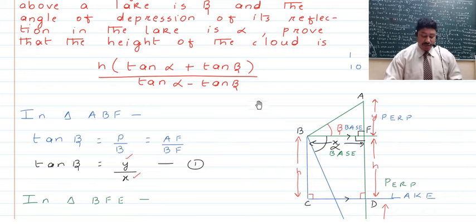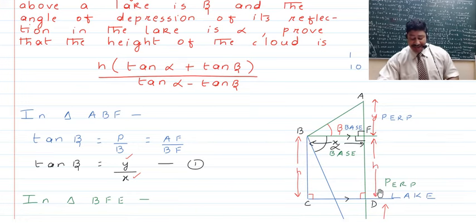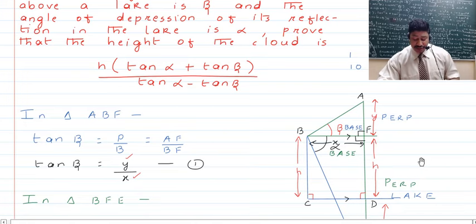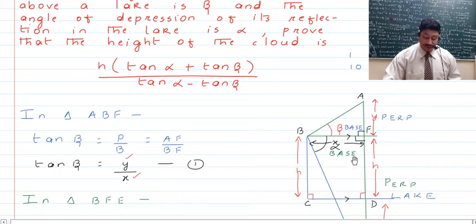Now we move ahead. We've been given that the reflection of the cloud in the lake is also being observed from this point B. So now we talk about the reflection. The lake surface will act like a plane mirror, so the same amount of distance, if you go below, you will be able to get to the image of the cloud, right?